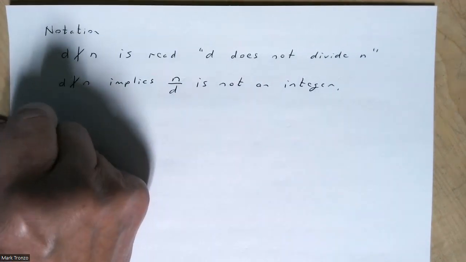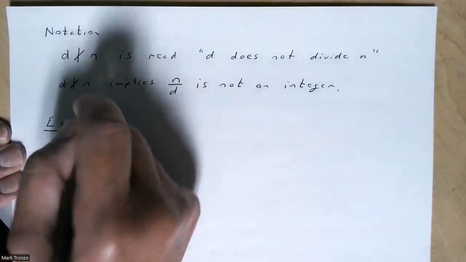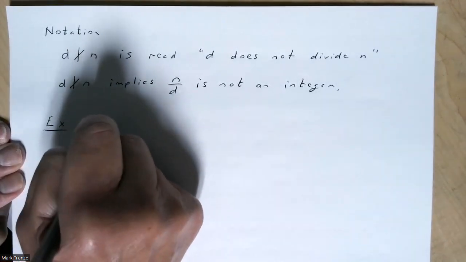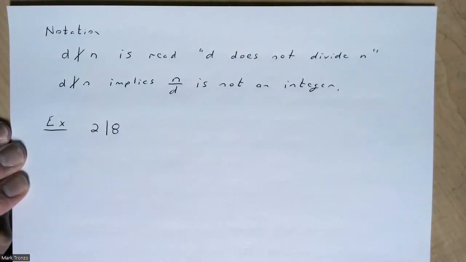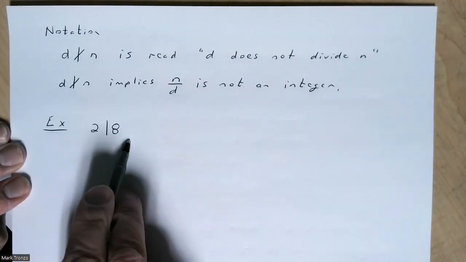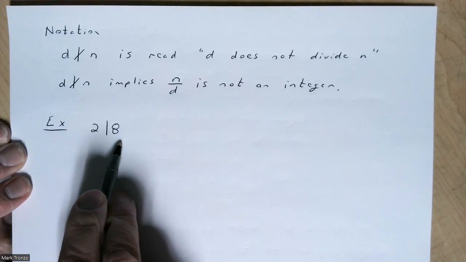And so, for example, you could say something like this. You could say 2 divides 8 because you can divide 2 into 8 evenly.